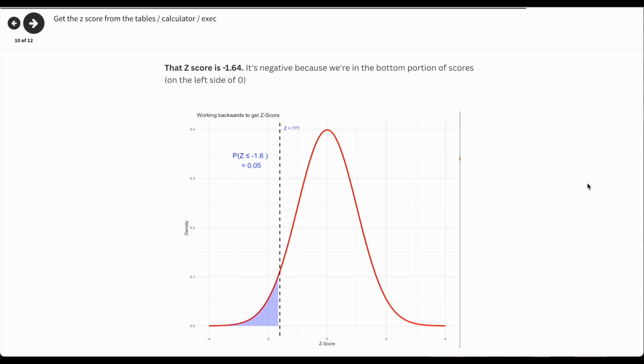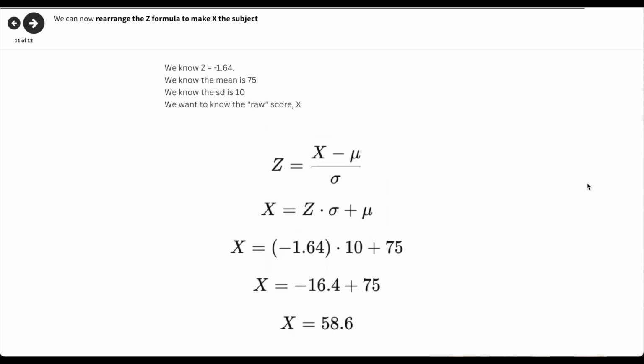Why is it negative? Because if we're in the bottom portion, so the bottom 5%, we're on the left of the mean, we're on the left of that 0, so we're now in negative territory, and we get negative 1.64. Given that we've got z, we can now go backwards and work out what our raw score, our x, was.